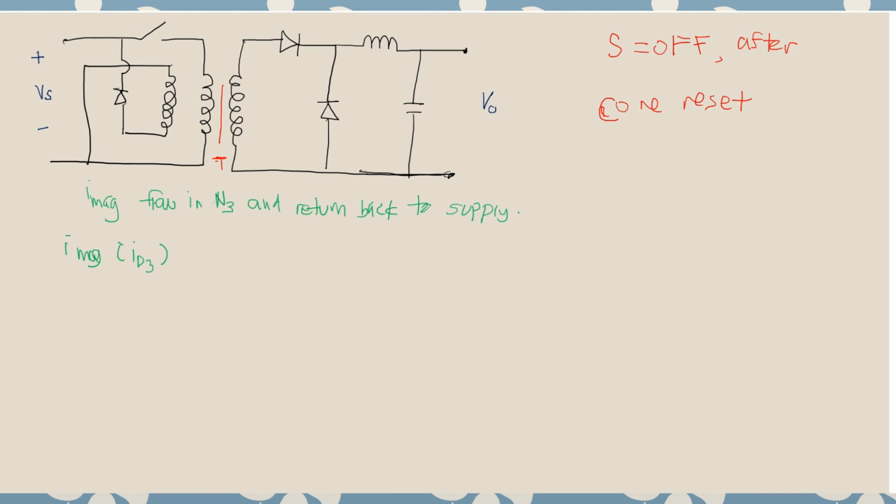I cannot erase that diode to make it open, but you see this now becomes open. So what's happening here is, during the core reset, the IMAG will try to flow out to the supply.